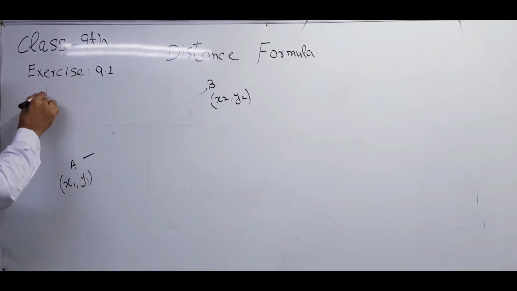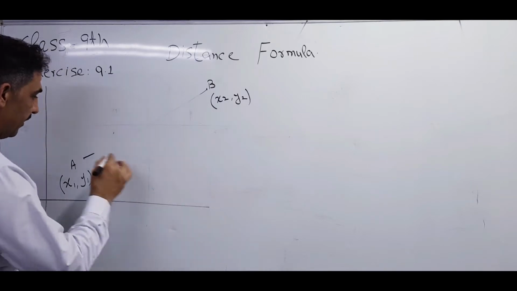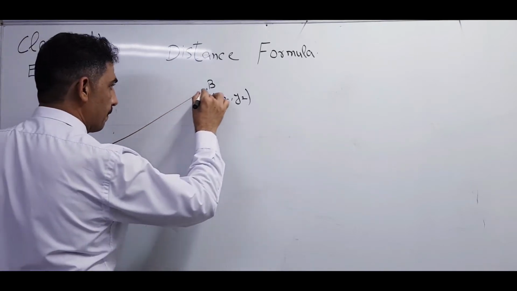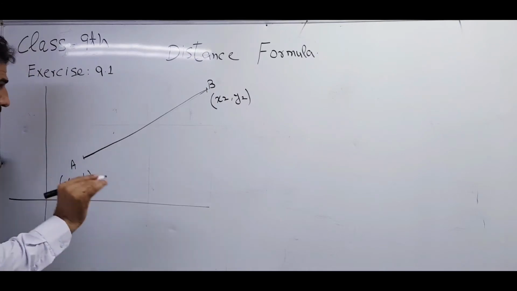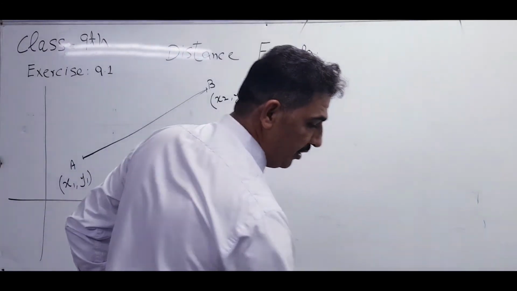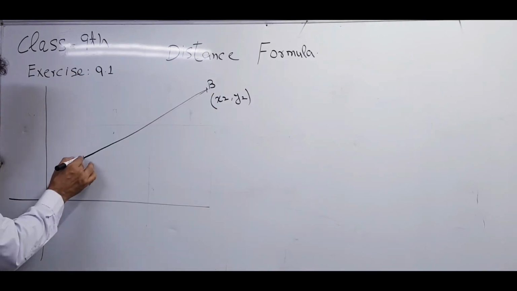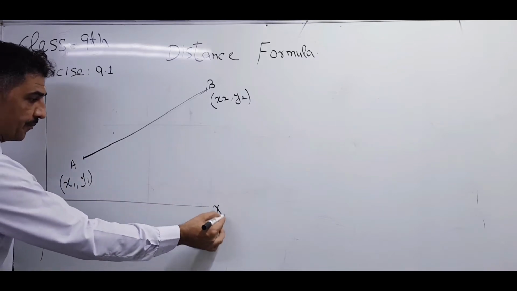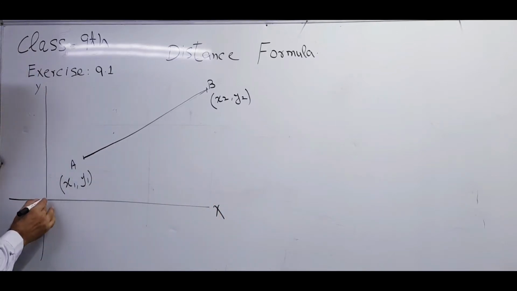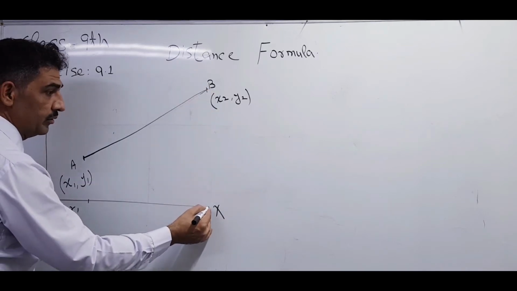So how to make the first quadrant? Like this one and this one. Now, in the first quadrant, because first we start with the simple, then after that we will go the difficult way. So this x expresses how much distance from the y-axis. This is the x-axis, this is the y-axis, this is the distance of point A, that is x1, and this distance is x2.